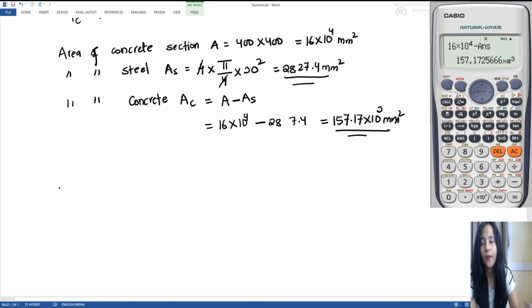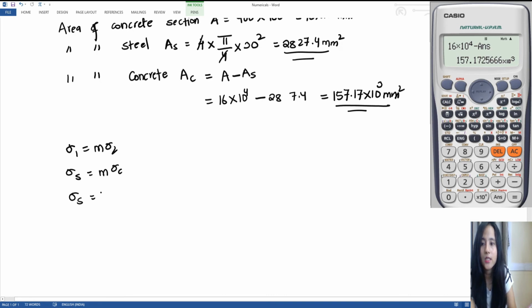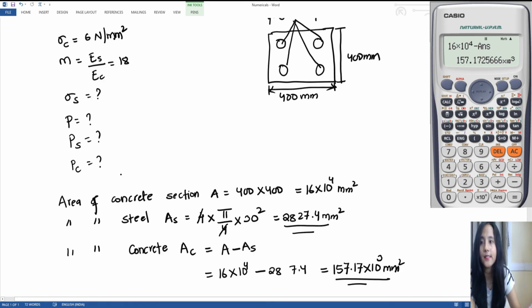Now from the relation sigma 1 equals modular ratio into sigma 2. So here sigma 1 is steel and it is modular ratio into sigma C. So from here sigma S is equal to modular ratio given is 18, into sigma C given is 6, right?